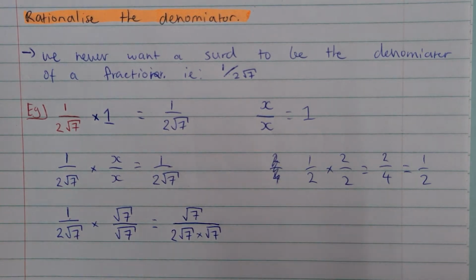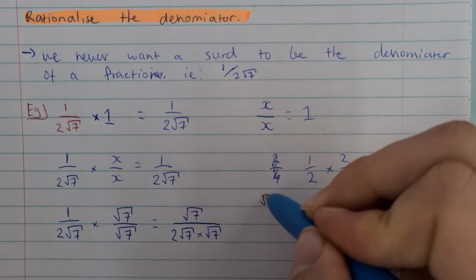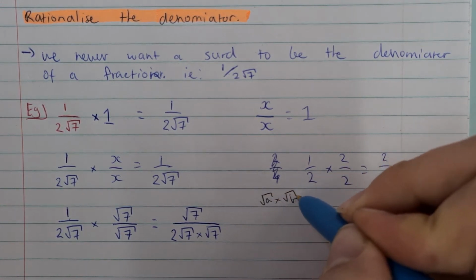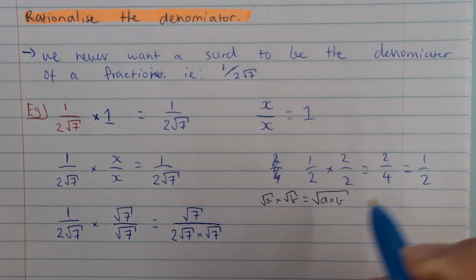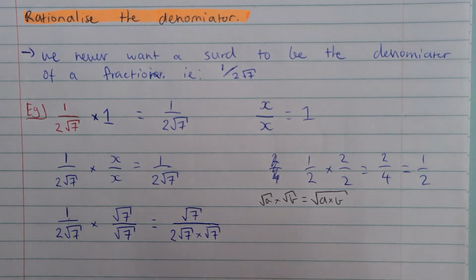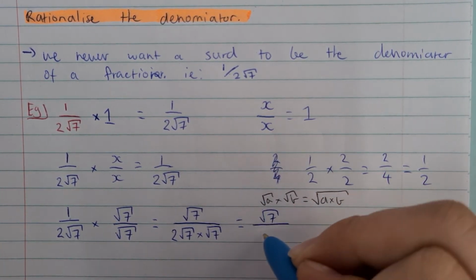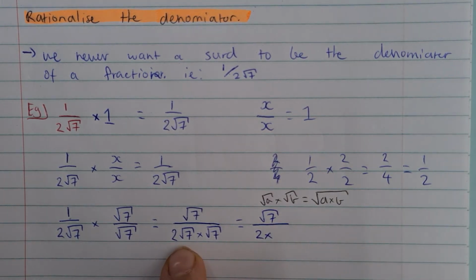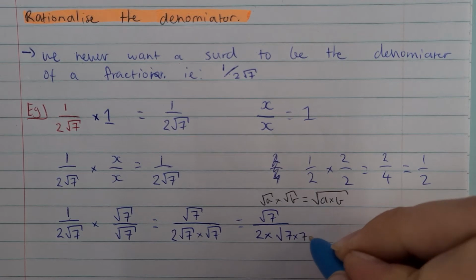Now, if we remember, if we have root a times root b, it is equal to root a times b, all in there. So I can use that square root rule to help us solve this one. So we've got 2 times, because we've got root 7 times root 7, it's times root 7 times 7.